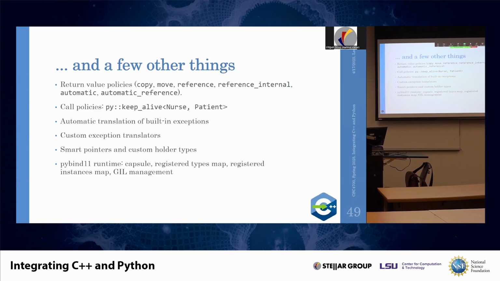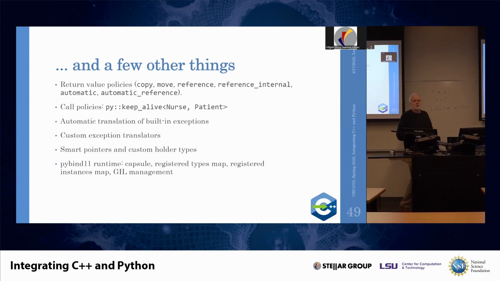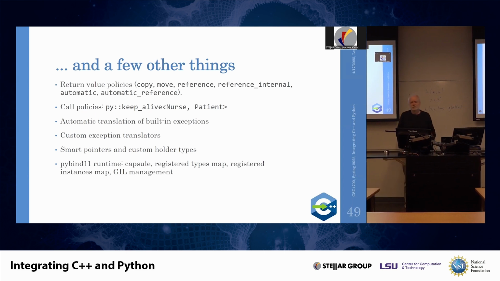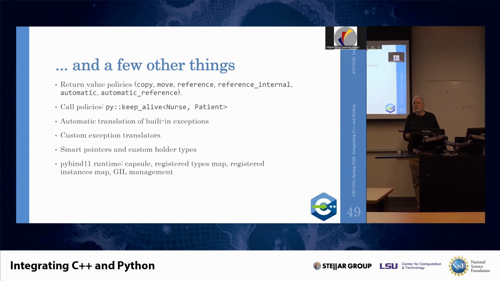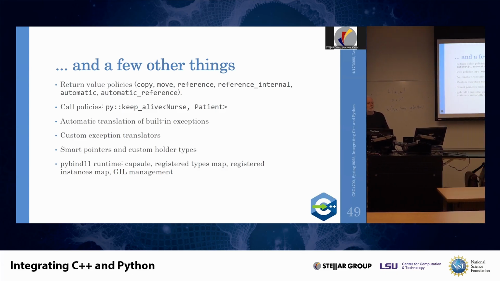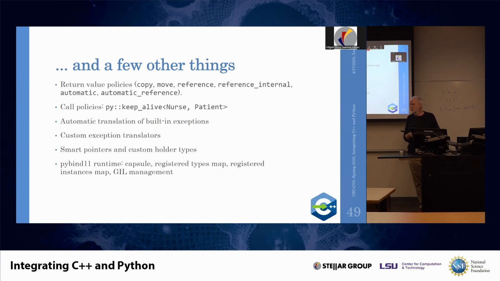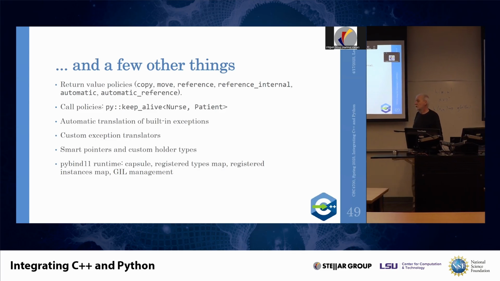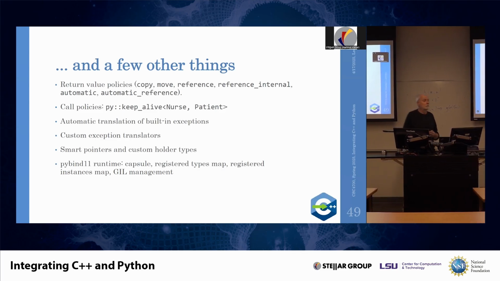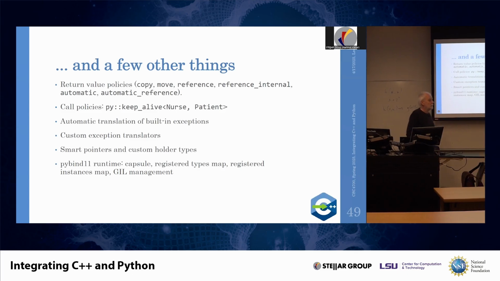But pybind11 gives you at least facilities that allow you to easily handle the global interpreter lock. Newer versions of Python, I believe version 3.14, if I remember correctly, have an option to get rid of the global interpreter lock. So if you want to do parallel computing with Python, I'd suggest that you use a newer Python version that actually has no global interpreter lock anymore, because that is a pain to manage and slows down things.